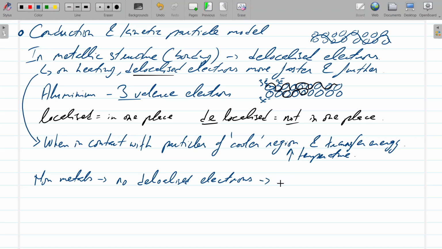They don't get as hot, they don't transfer that heat, and so they're poor conductors. On that same note, they are good insulators. As I mentioned, insulation is trapping the heat or not allowing it to be transferred, which is exactly what they're doing. They're not transferring the heat.